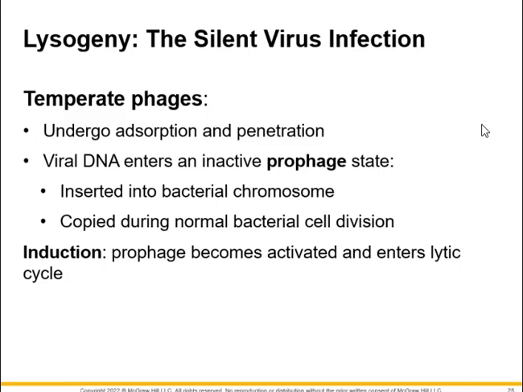But following penetration, the phage genome is incorporated into the host cell's genome, and it forms what we call a prophage, not a provirus, but a prophage. So in this case, we insert it into the bacterial genome, but at some point we can take it back out again.